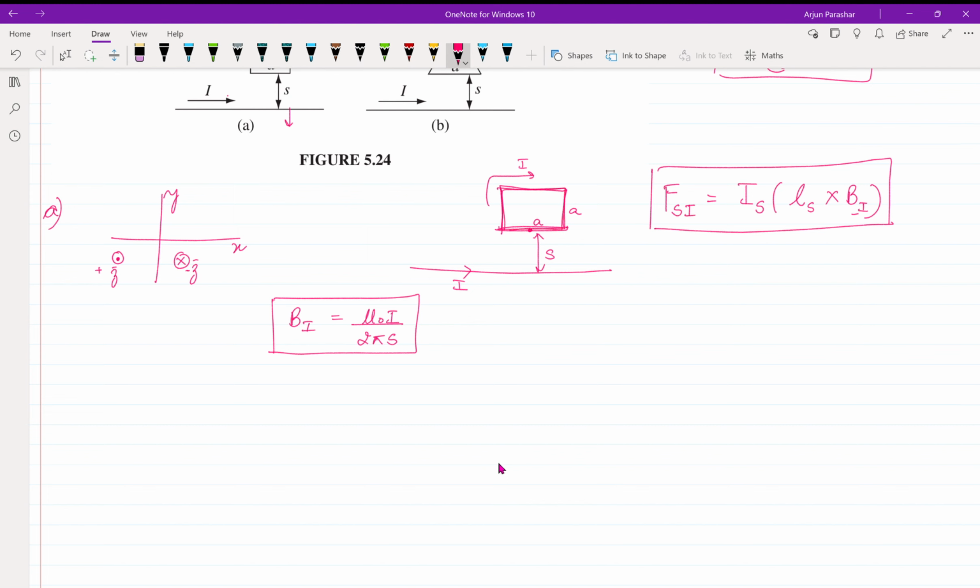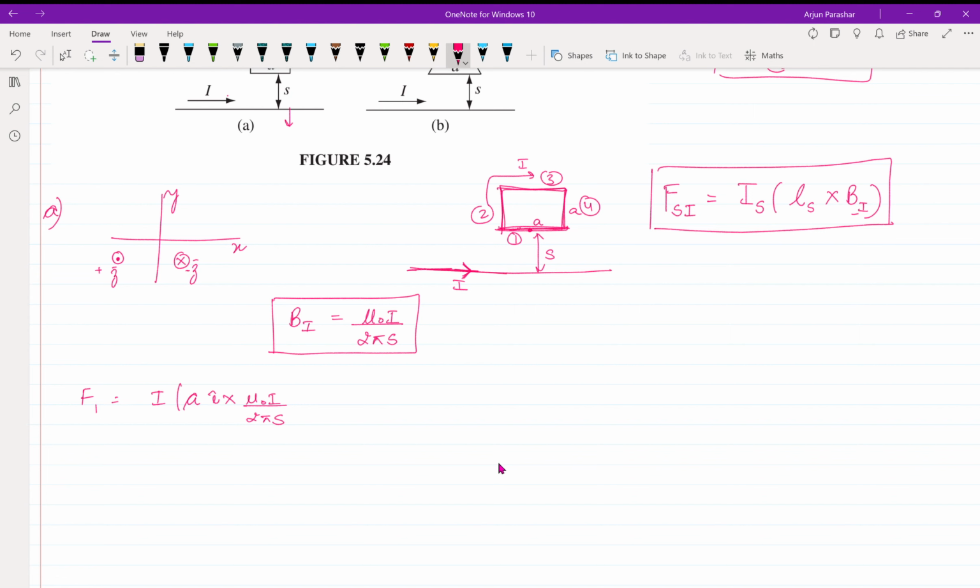So first of all, let us calculate on this side: 1, 2, 3, and 4. The force for side 1 is given by current I, and the length of this side is a, in the i cap direction, cross B, which is mu naught I upon 2 pi s. The magnetic field we need is for this infinitely long wire, so we put the thumb in the direction of the current and curl our fingers.